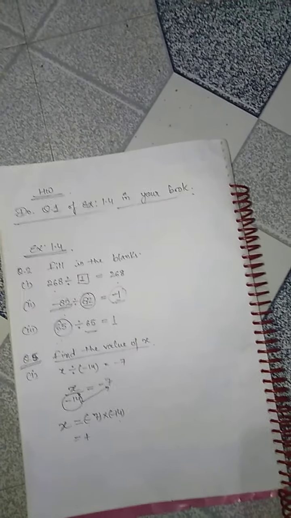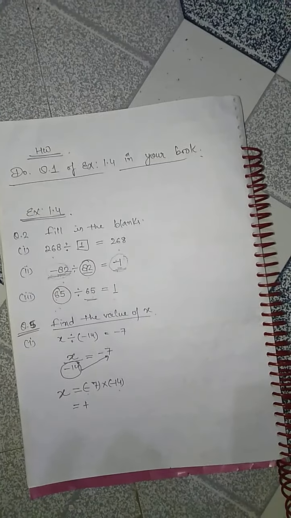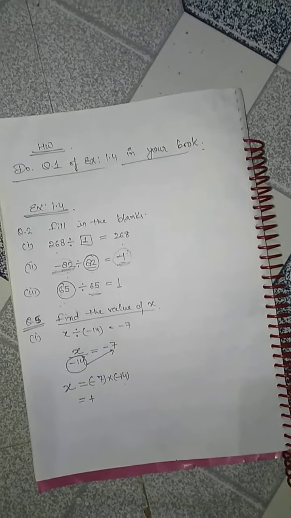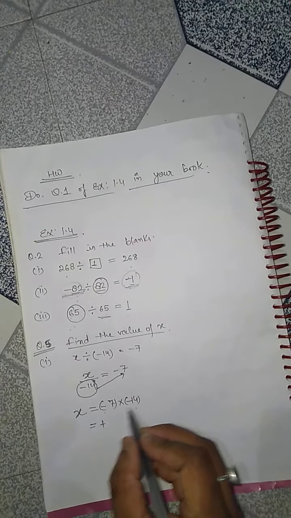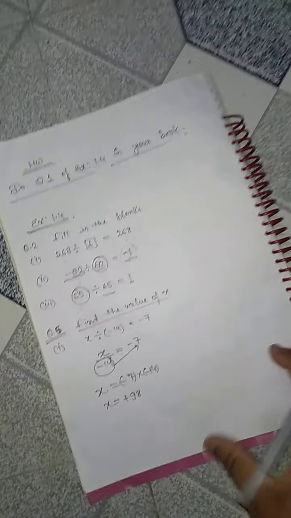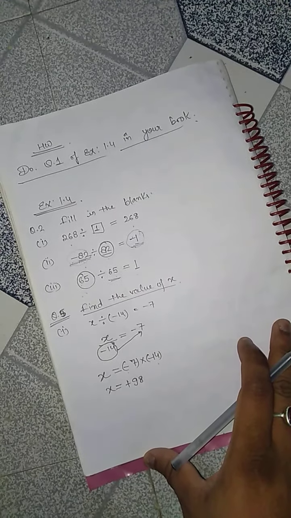Okay, so put the positive sign, and now multiply 7 by 14. 14 sevens are 98. So the value of x will be plus 98, or you can write 98, both are correct. Okay.